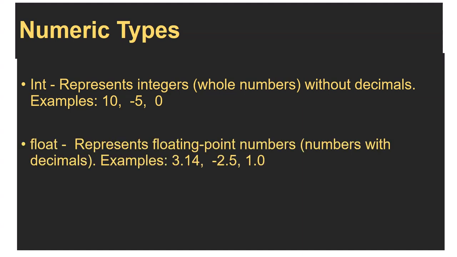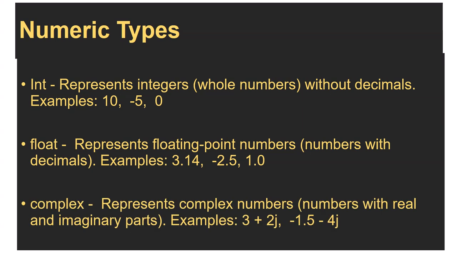Another numeric data type that you have is the float, which represents the floating point numbers. That simply means numbers with decimals, like pi, which is 3.14, negative 2.5, 1.0. These are floating point numbers, and they belong to the float numeric data type.